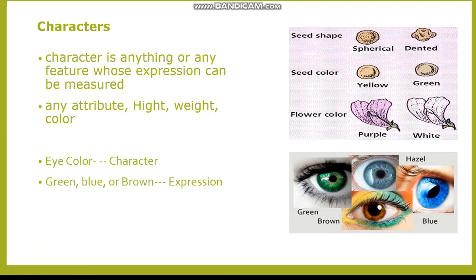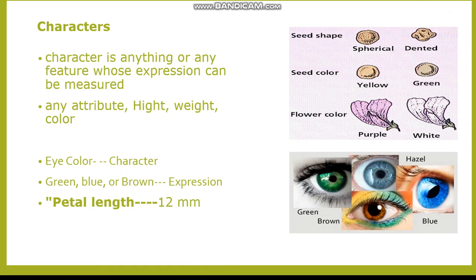Likewise, petal length may be 12 mm, it may be less than 12 mm like 11 mm, it may be very short or very long. So petal length becomes a character and the length of the petal becomes its expression.